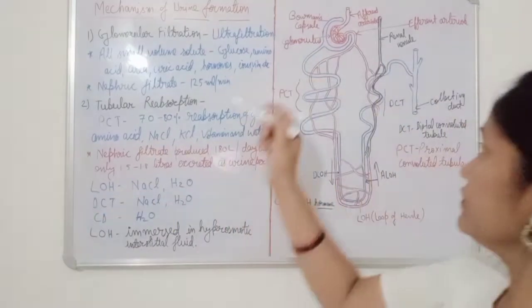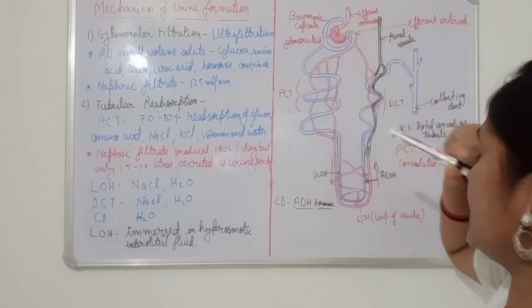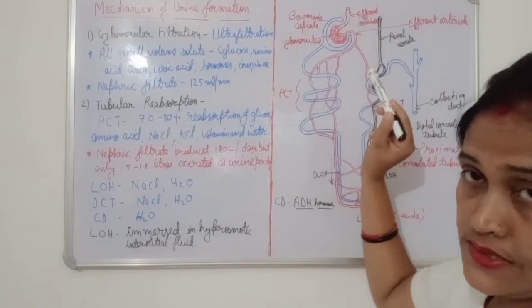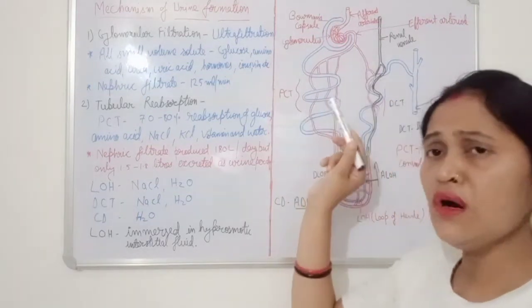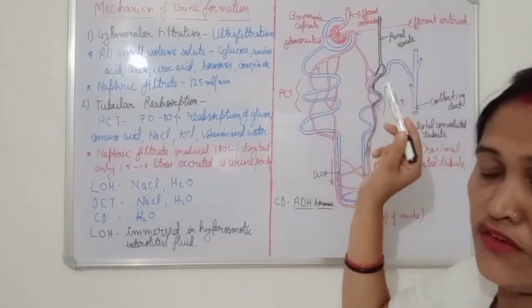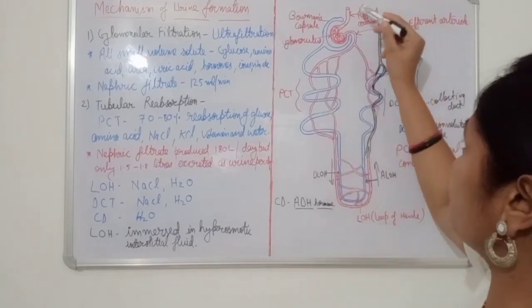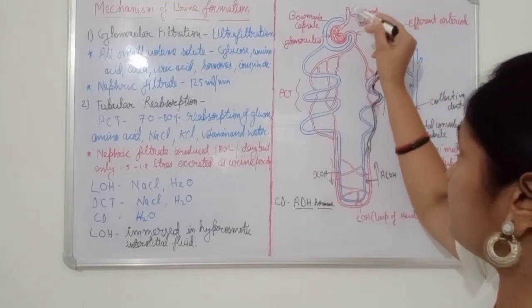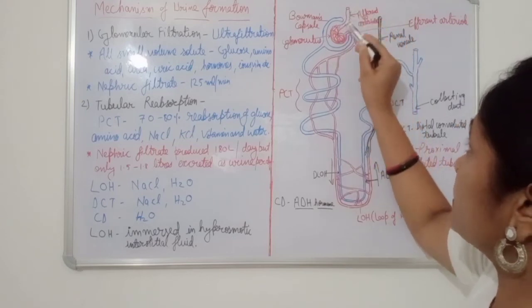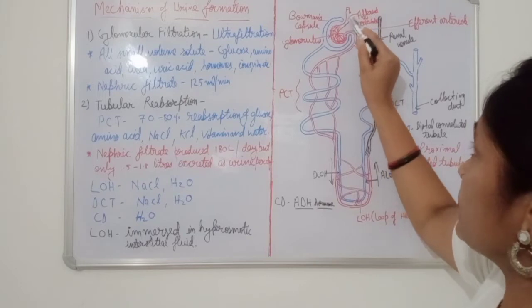Now you can understand with the help of this diagram. Here there are two types of arterioles. An arteriole is a branch, a subdivision, of an artery. The afferent arteriole is the one through which blood enters the blood capillaries; it is broader in size.